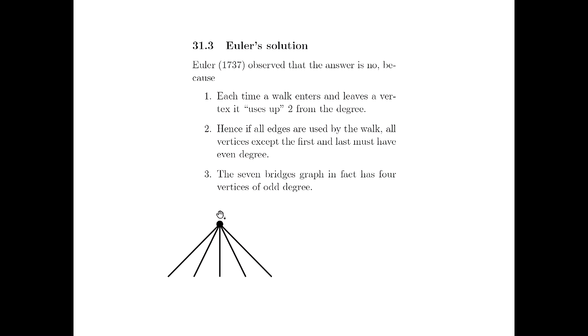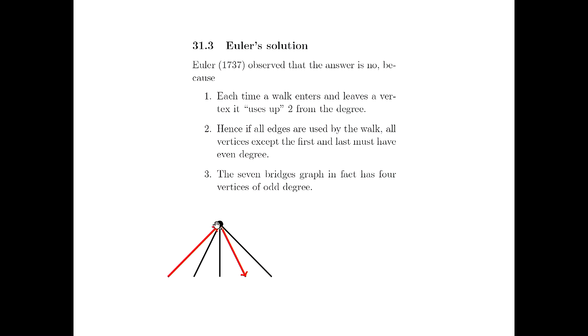So think about any vertex in any graph or multigraph, and think about doing a walk. If this is a vertex that isn't our beginning vertex or our end vertex, then what's going to happen is we're going to walk into it and then walk back out of it on some other edge.